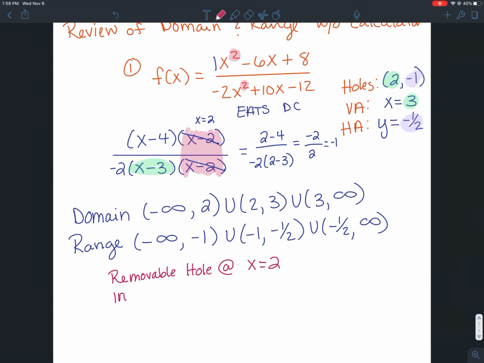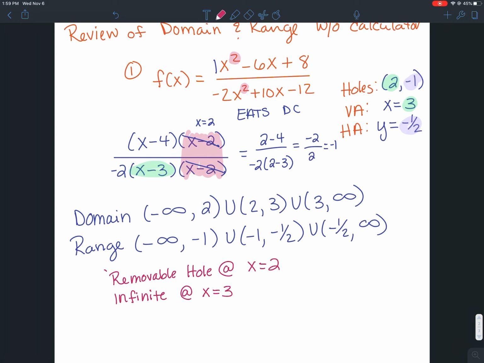So I have an infinite discontinuity at x equals 3. So this right here is if I asked you, what are my discontinuities? There's nothing else, okay? A jump would only happen in a piecewise function. We're not doing piecewise, so here we are.